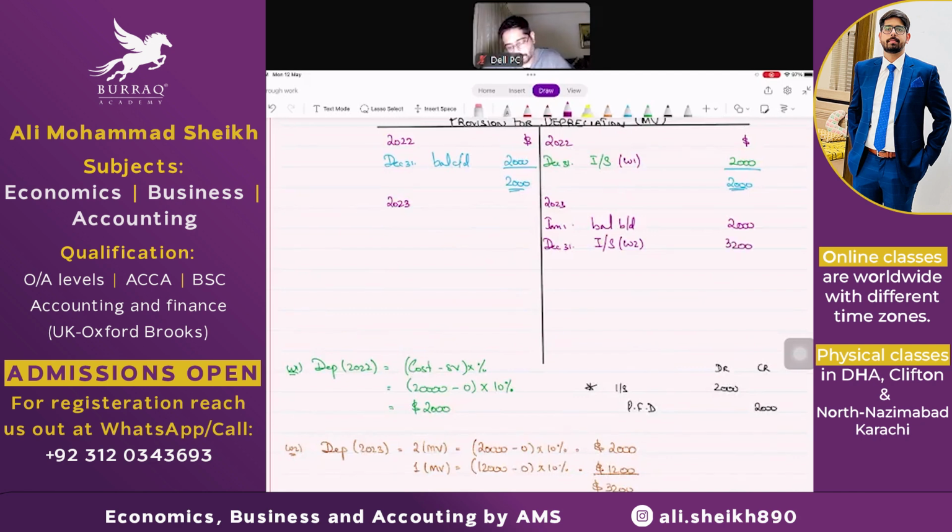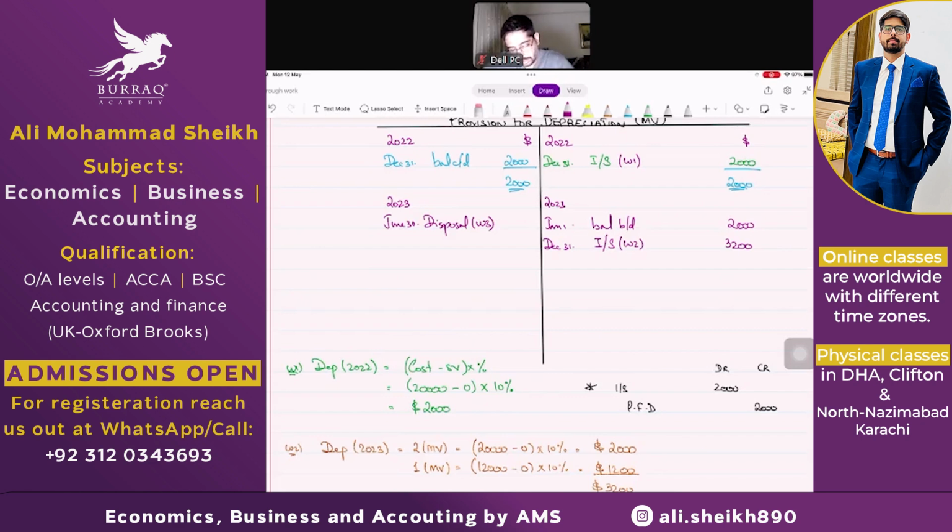Now there is one more working which you are going to do, that is June 30th, disposal. Working number 3, that is the provision for depreciation of the entire 2 years of that asset which you have sold in 2023. So you need to do another working to find accumulated depreciation of the particular asset which is sold.